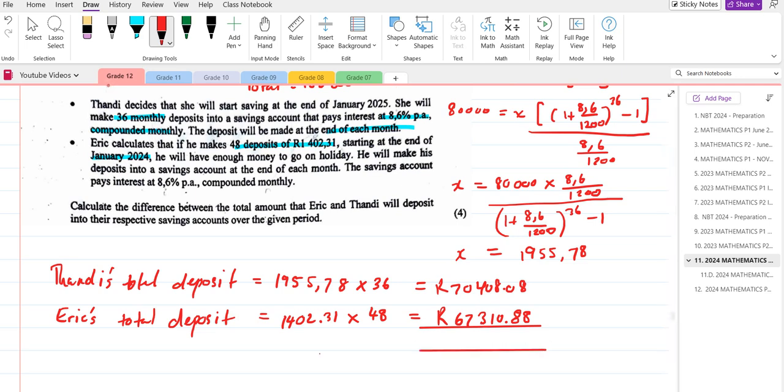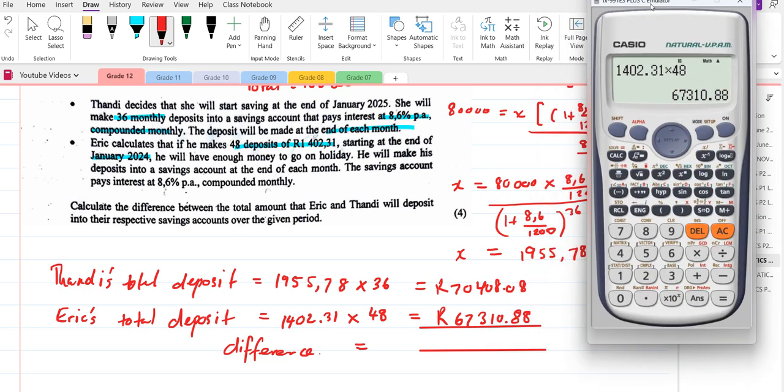So what's the difference? That's what they wanted. Tandi ends up depositing more. So the difference is the difference between these two amounts.